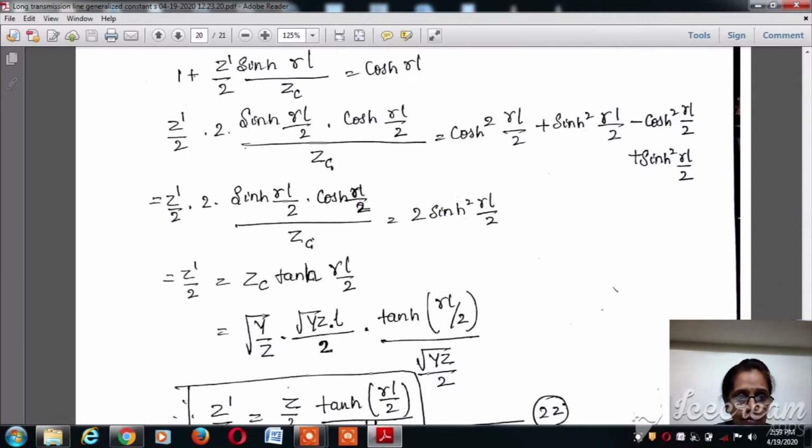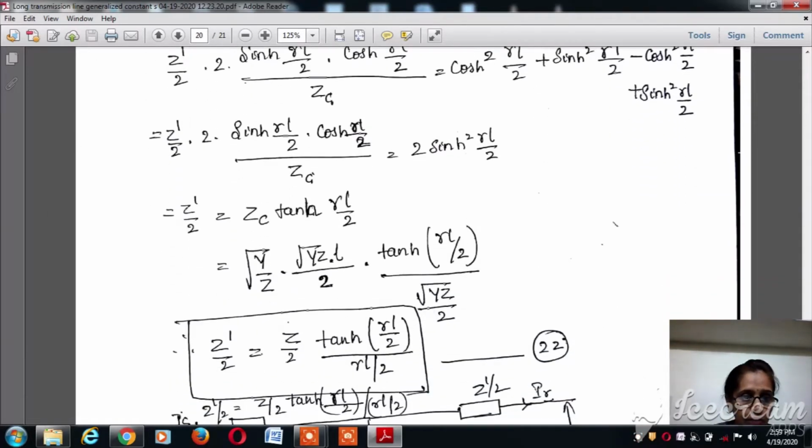Now we can simplify this equation with respect to z dash divided by 2, which is equal to Zc into sine by cos, so we will get tan hyperbolic gamma L divided by 2.